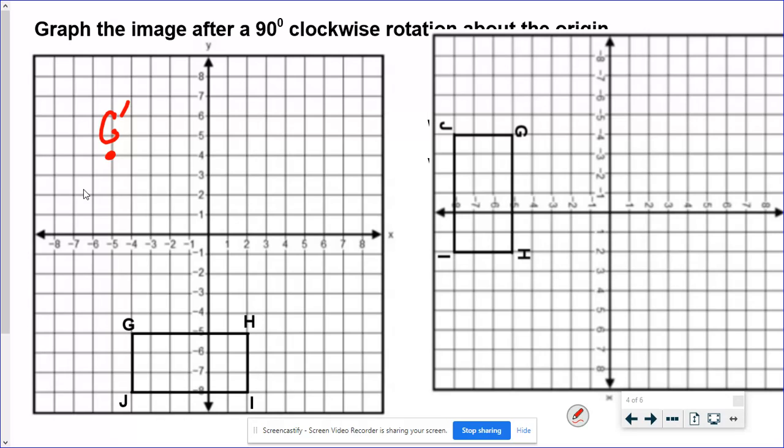Or my point is at -8, 4. And then I is going to be at -8, -2. And H prime is going to be at -5, -2.